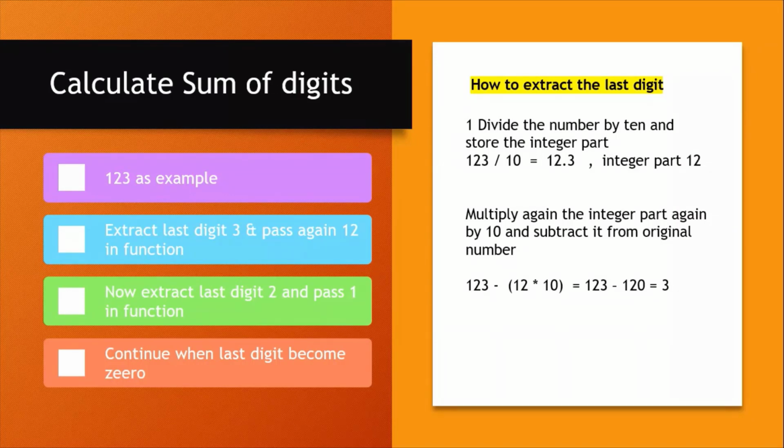So 123 minus 120 will give you 3, and this is the last digit. So every time I pass a parameter which is the number, it will give the last digit. And I will sum all the last digits and this will give the answer. Every time I have to give a parameter: 123, next time I'll give 12 and next time I'll give 1. So it will calculate for us.